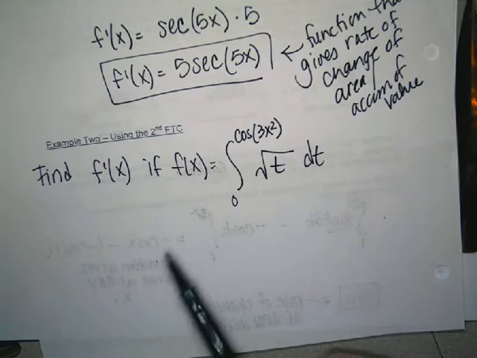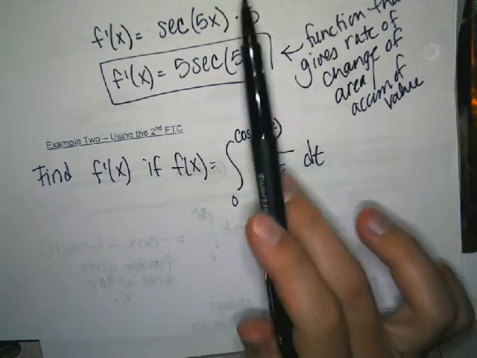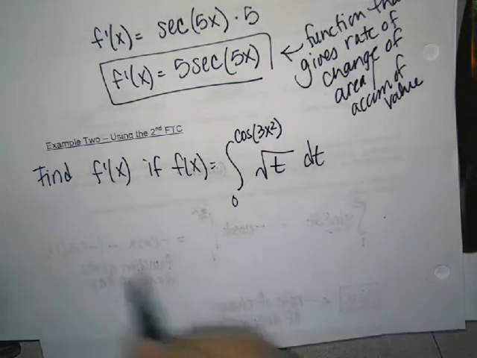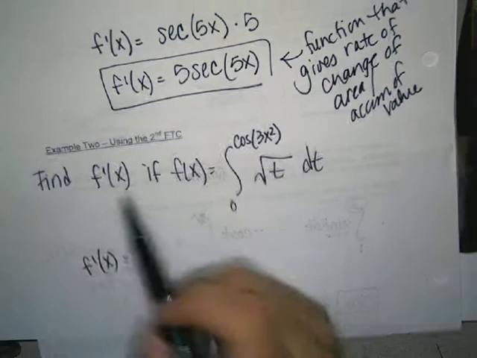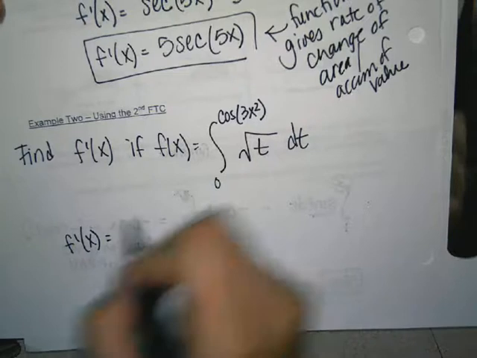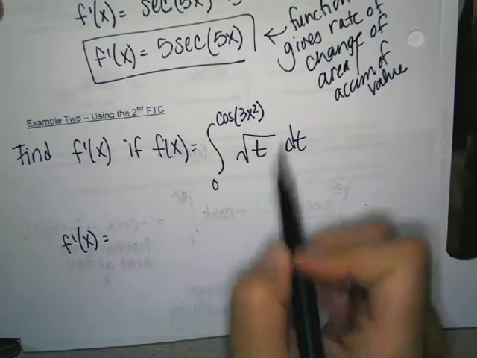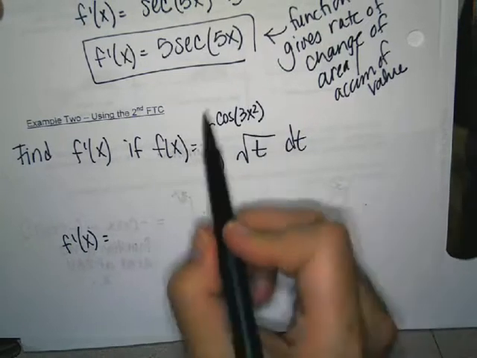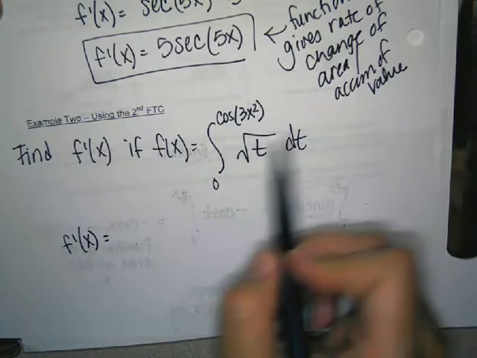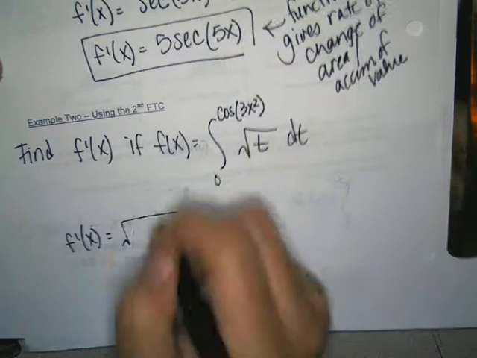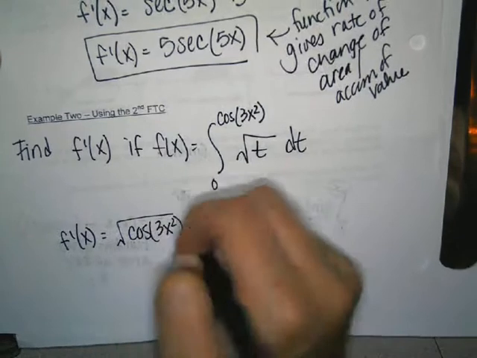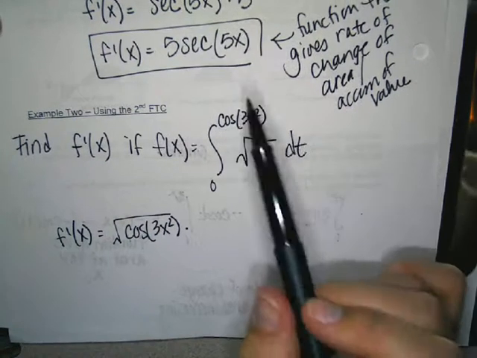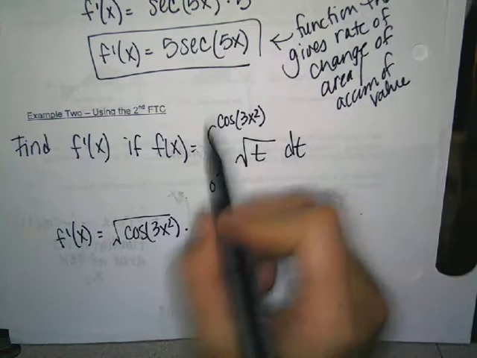I want us to use this theorem to shortcut that step and get to the result of what it would be if we did it the long way. So f prime of x is going to be f of u, which this is my function, this is my u, so that whole thing is going to go in for t, times du, so the derivative of my upper limit.